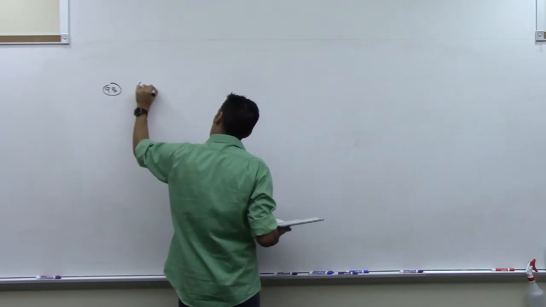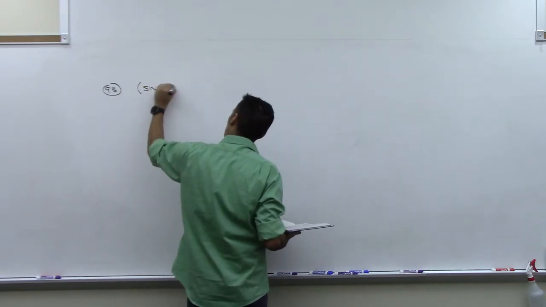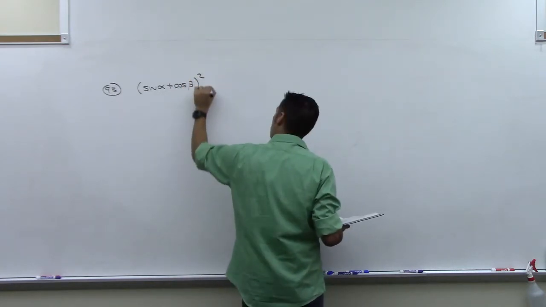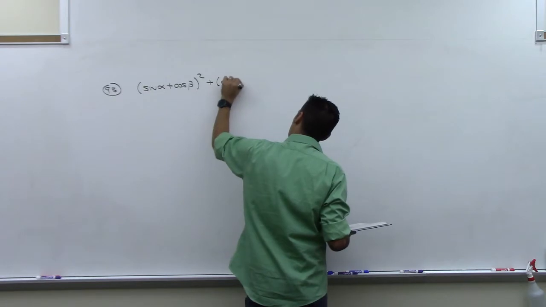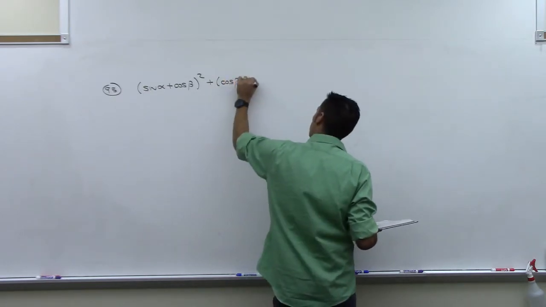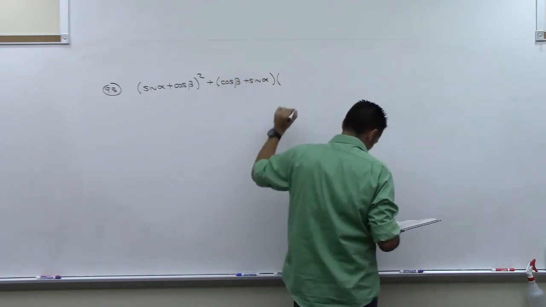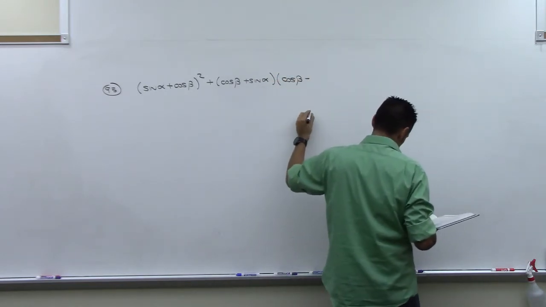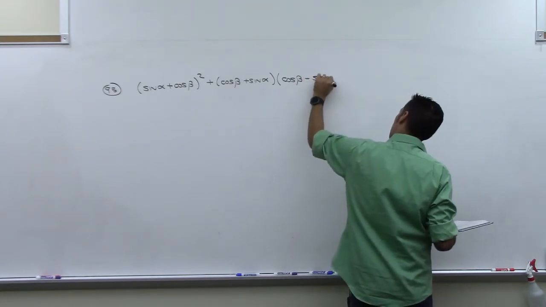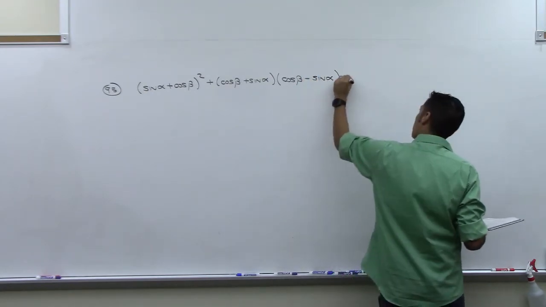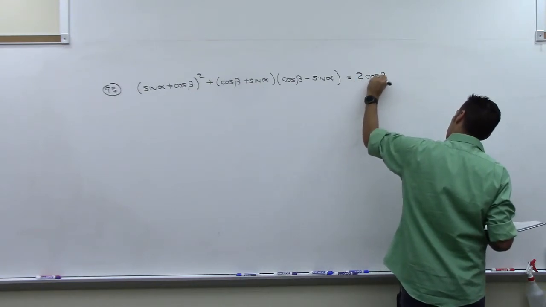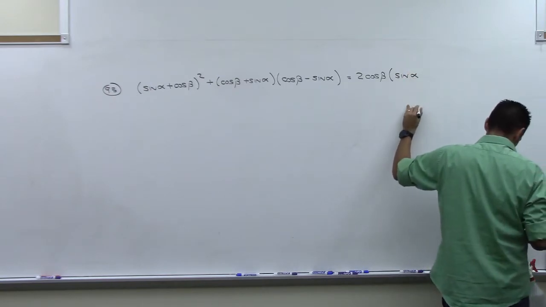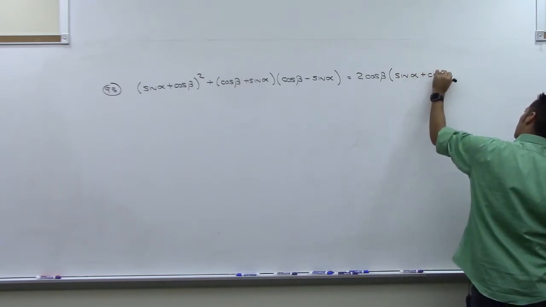All right, parentheses, sine alpha plus cosine beta squared plus cosine beta plus sine alpha, parentheses again, cosine beta, this is just torture, minus sine alpha equals 2 cosine beta times sine alpha plus cosine beta.